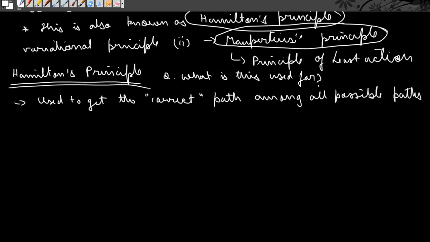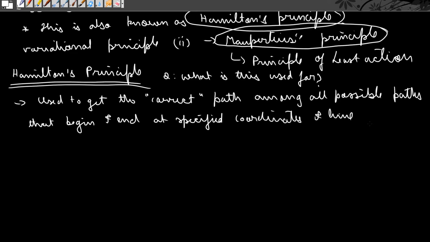By possible I mean virtual paths, which are not necessarily followed by the object, but which we consider and compare with the correct path to get the variation of S. That is what I mean by among all possible paths that begin and end at specified coordinates and time.